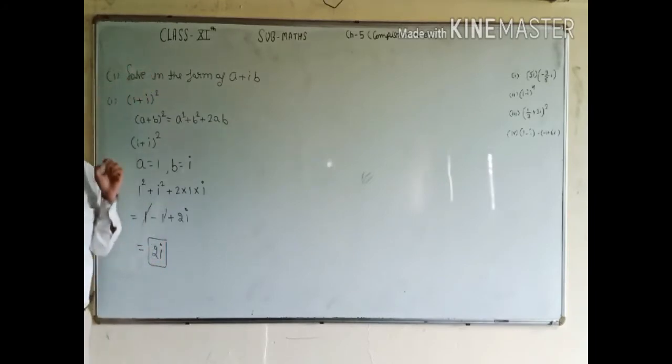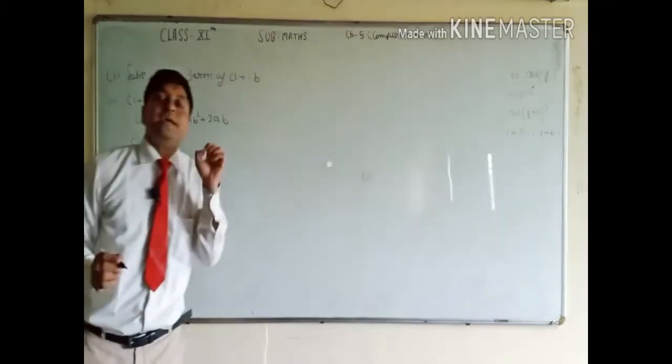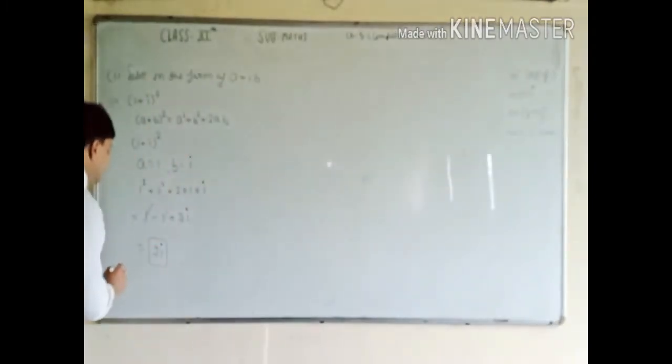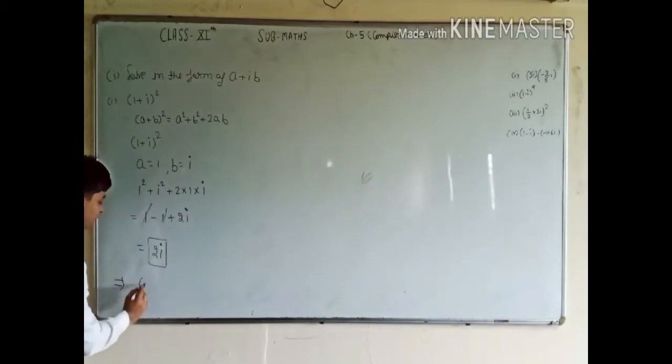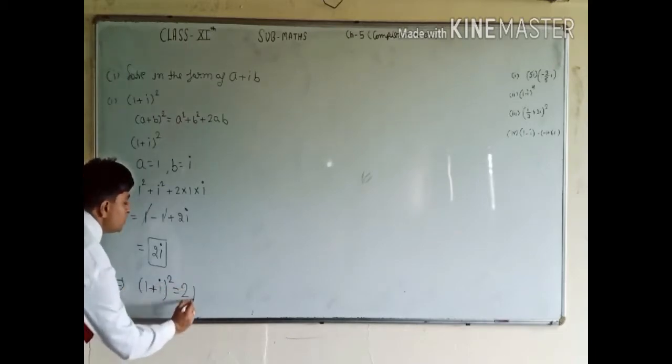And this is a very important result of exercise 5.1, that 1 plus iota whole square is equal to 2 iota.